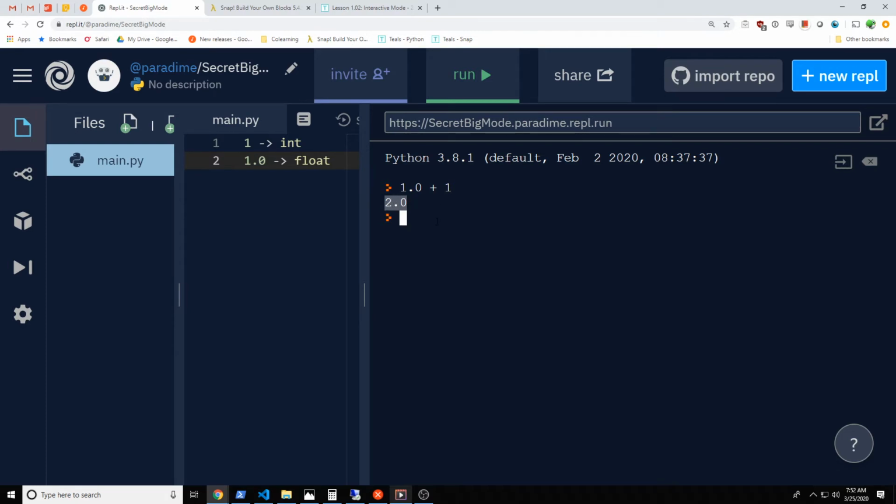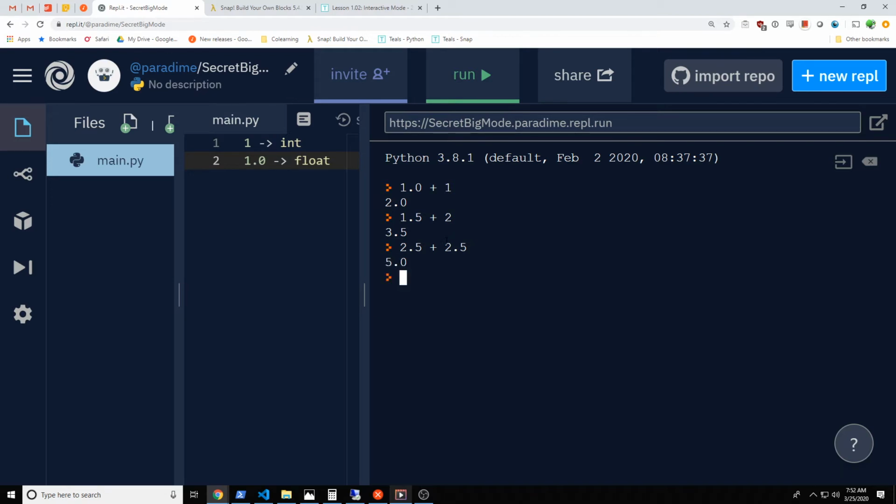That's right, it's a float. So if we try to add a float and an integer, we'll end up with a float. We can do 2.5 plus 2.5, and we'll get 5.0.